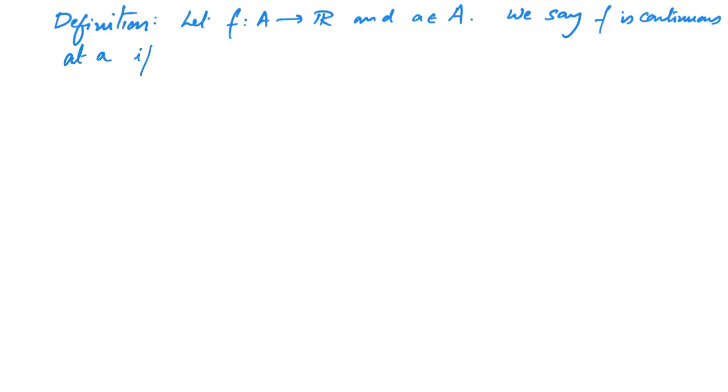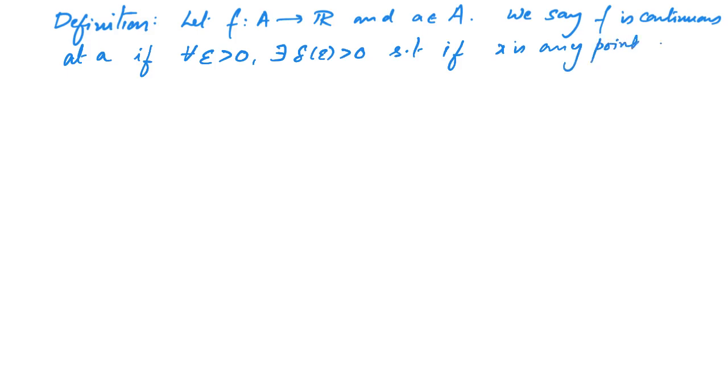Let f from A to R be a function and a belongs to A. We say f is continuous at a if for every epsilon greater than 0 there exists a delta that depends on epsilon, which is also greater than 0, such that if x is any point, notice that here x is not any point in R but it is a point in A. Let me just stress that point.